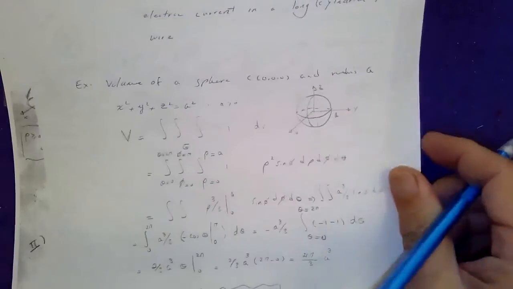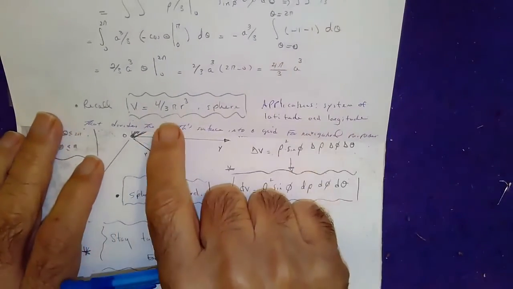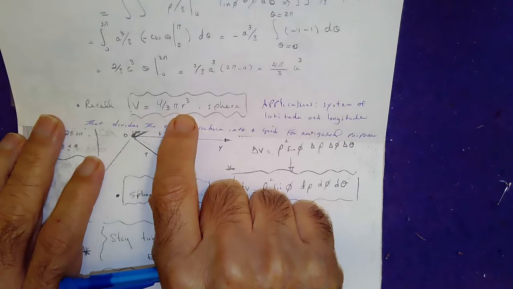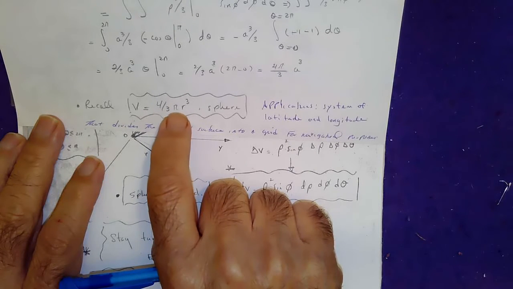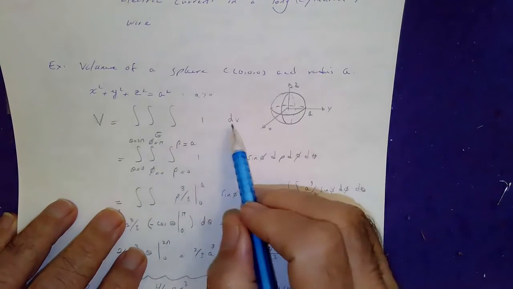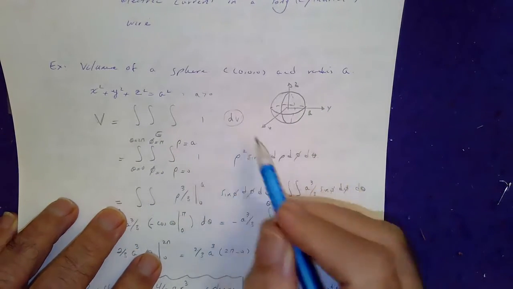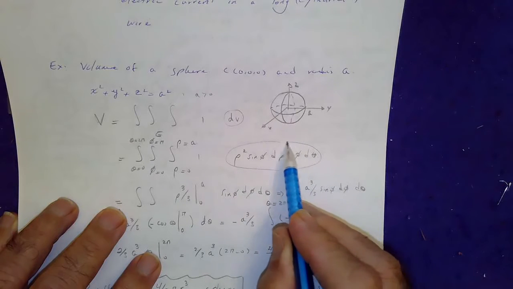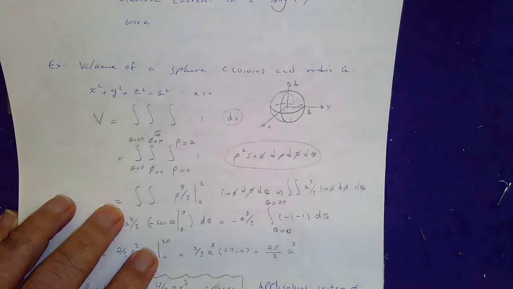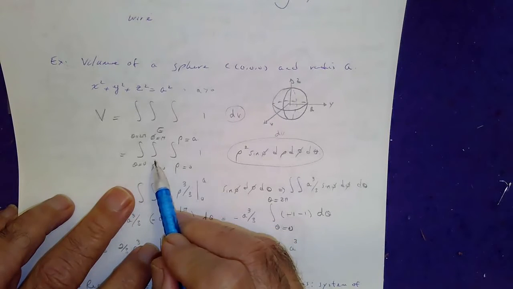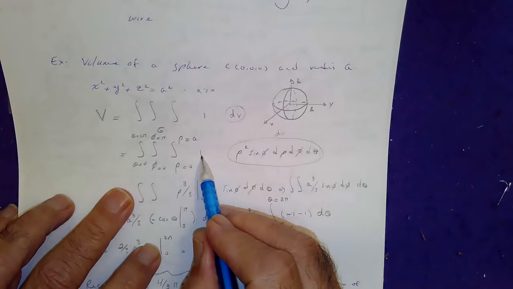You and I both know the volume, this is a well-known solid, is 4/3 pi r cubed, correct? Let me see if I can show you where this formula is coming from. Watch this. So you set up a triple integral dV, but remember dV in spherical coordinates is rho squared sine phi d rho d phi d theta. All of this is dV. And because we're using triple integrals, the integrand is 1.